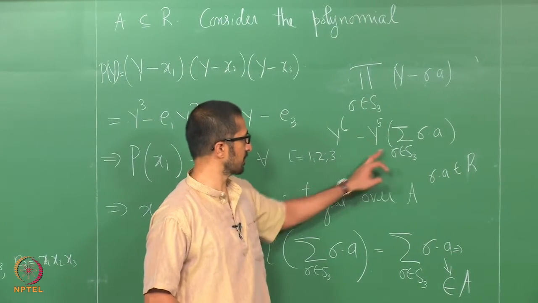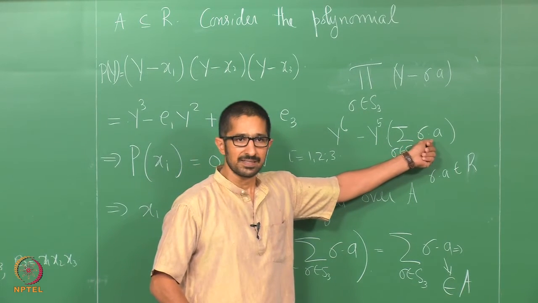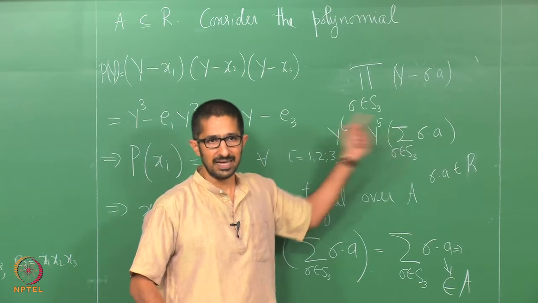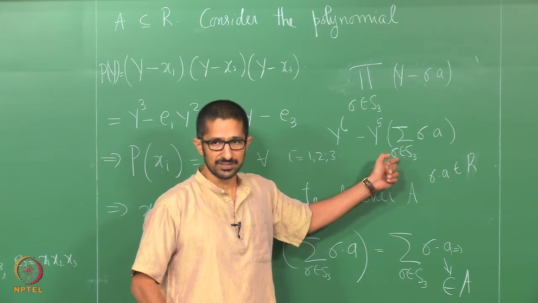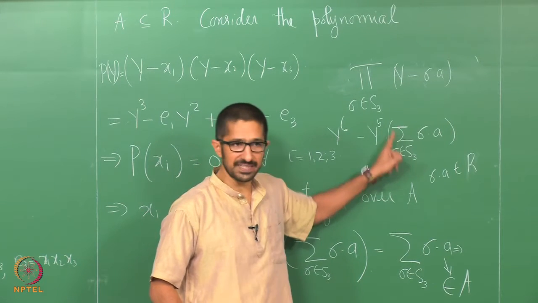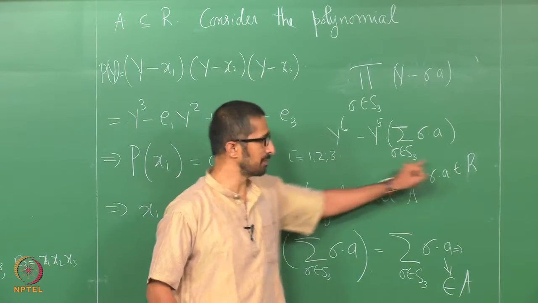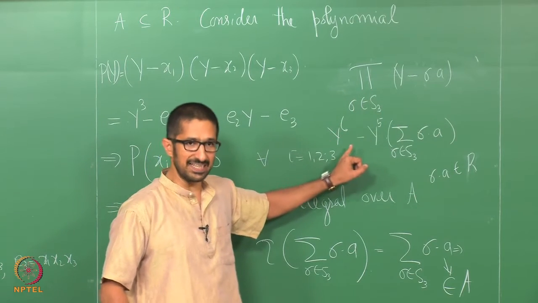Similarly, look at the coefficient of y power 4. We will have sigma 1 a, sigma 2 a and products like that. So, therefore, each of these coefficients will be in A, and hence this will give me an integral equation for a.